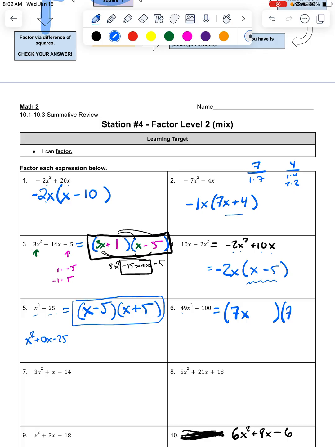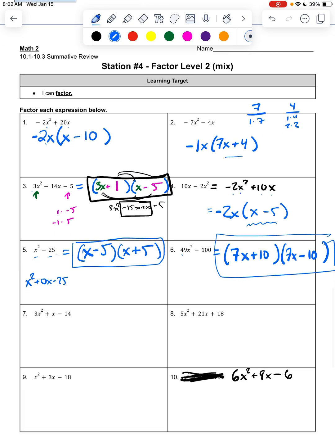So we've got 7x and 7x. The square root of 100 is 10. So plus 10 minus 10. When you multiply all that back together, that middle term will be 0. The linear term will be 0.